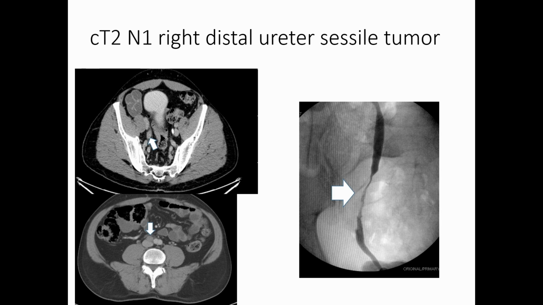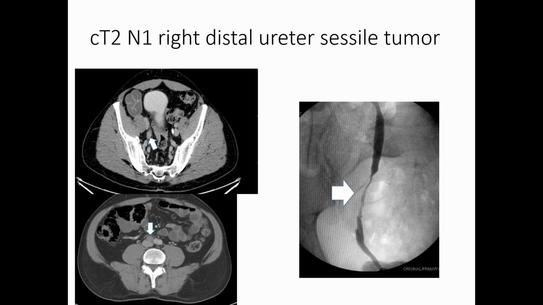Adam, are you surprised by seeing a lymph node metastasis in the upper retroperitoneum from a distal ureteral tumor? Am I surprised? No. We see a lot of different stuff in upper tract. I've seen it all. It's not like it follows an exact sequential pattern.